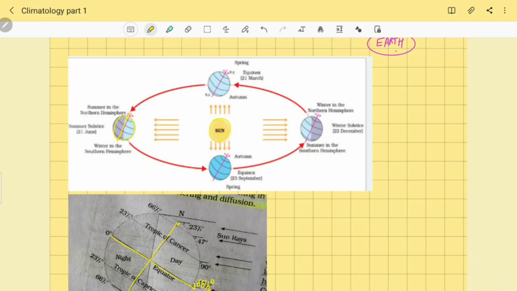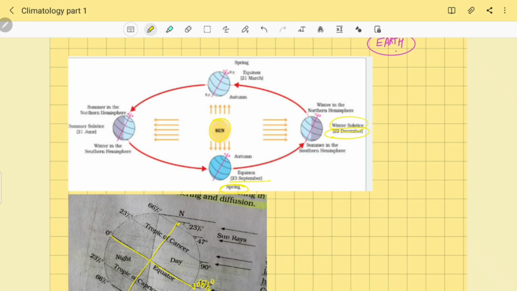So whenever it is 21st June, we can experience summer season in northern hemisphere, because there is a huge amount of sun rays on 21st June in northern hemisphere, and on 23rd September we experience spring. On 22nd December we experience winter solstice in northern hemisphere.